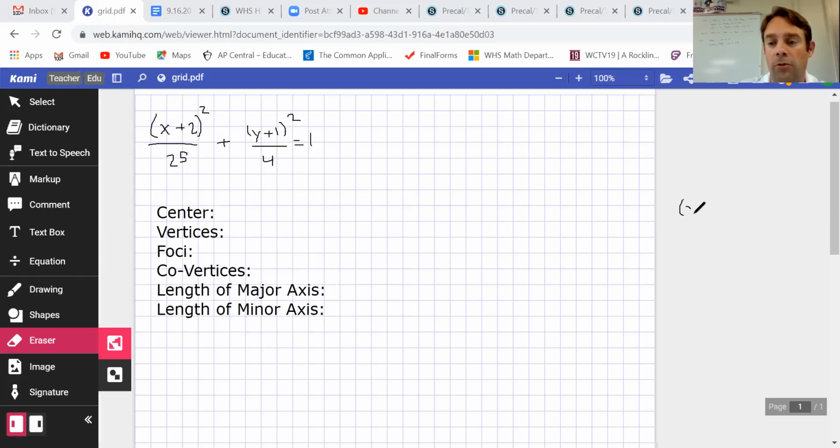While you're doing that, I'm going to draw myself a graph and put the equation back up here. I'm also going to need a graph here eventually, so I just throw that up here.